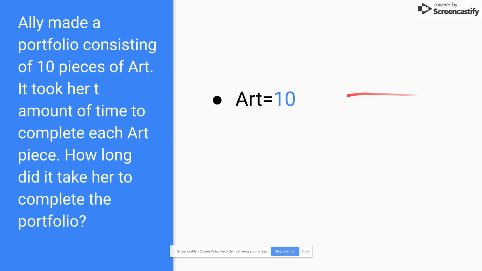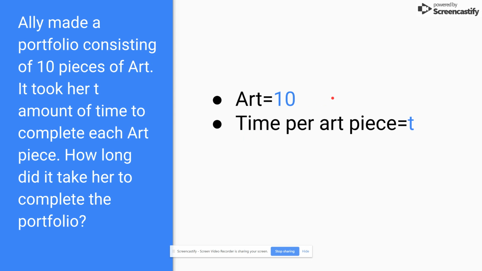So we could say that the amount of art equals 10. We also know that each piece took a certain amount of time, T. So representing this with an expression, we could just say the amount of art, 10, times T, the time.